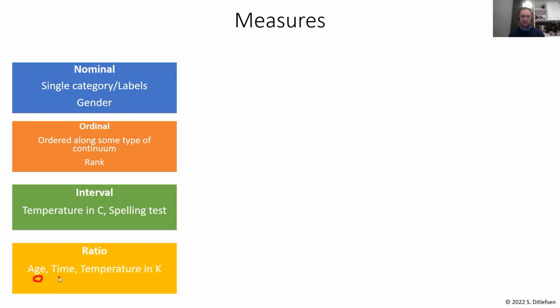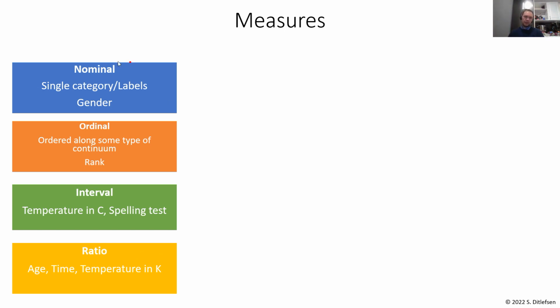Time has a true zero. The time can be 0. So time has a true zero. Temperature in Kelvin has a true zero. I think it's minus 273 degrees Celsius. So this is a true zero. So ratio, something you calculate that has a true zero. So interval doesn't have a true zero. If it has a true zero, then it's ratio.